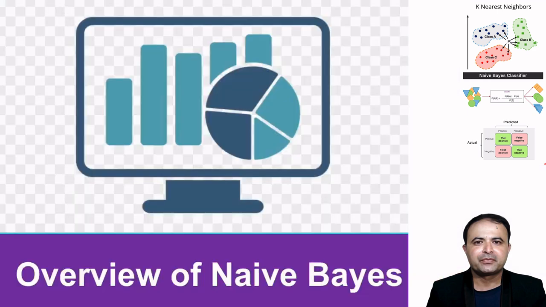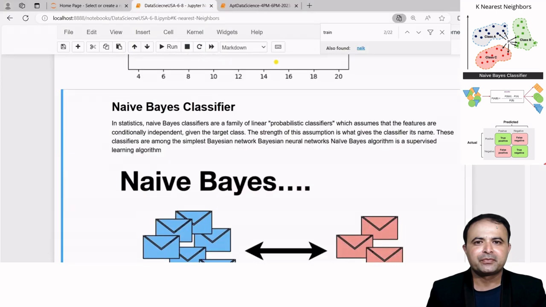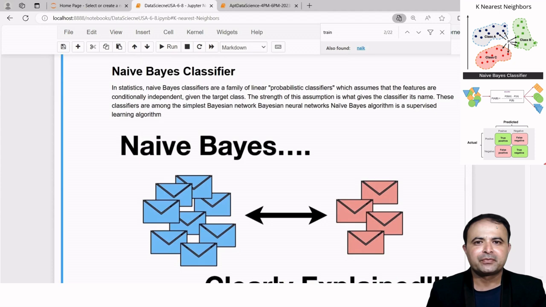Overview of Naive Bayes. So the Naive Bayes classifier assumes that the features are conditionally independent.